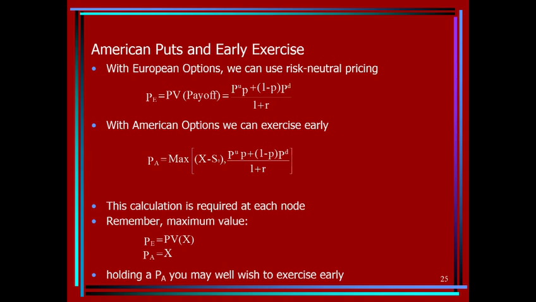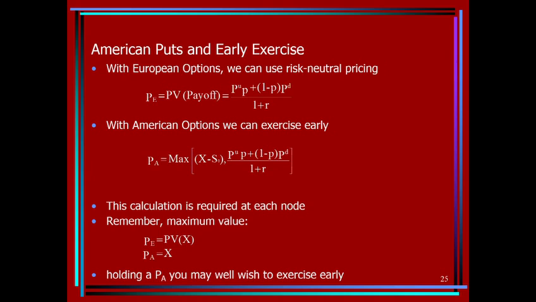Now, with American options, however, it's different. Okay? Now, last week, we talked about the value of an option at expiration being always the greater of 0 or intrinsic value. Now, with an American option, because you can exercise early, the value of an option today is no longer 0 or discounted value anymore, because if you exercise it today, what value do you get?